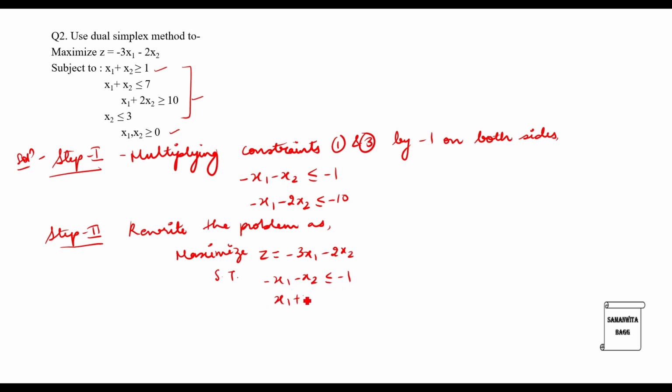Second one is x1 plus x2 less than equal to 7. Third one is minus x1 minus 2x2 less than equal to minus 10. And the last equation is x2 less than equal to 3. And then x1 and x2 are greater than equal to 0. There are only two variables. Then I'll go for step 3.